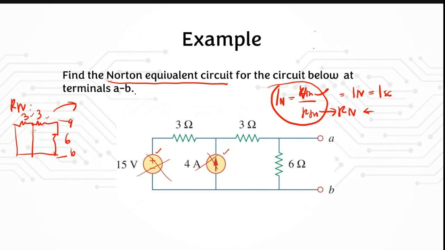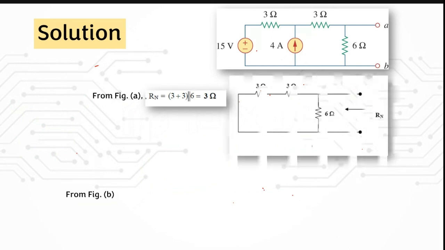Because when you turn off, this is going to be an open circuit, and here is going to be a short circuit, so there is no connection here. So you will have your Rn, which is 3 plus 3, and then it's going to be parallel with 6. When you calculate, you will get 3 ohm.